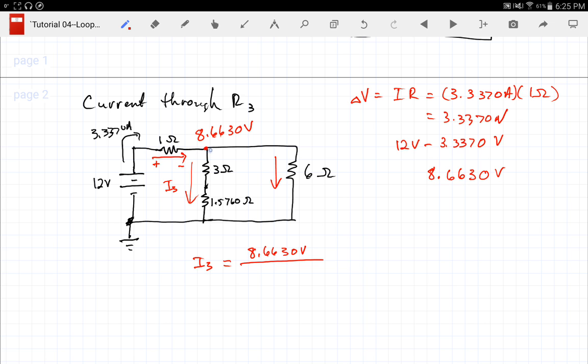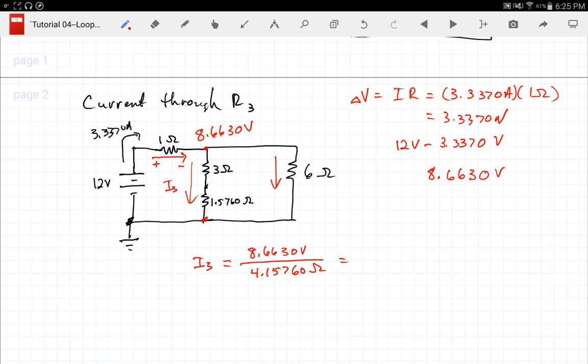A branch is a term we use going from one essential node to another essential node. So this is a branch, there's another branch. An essential node is where 3 or more elements meet. So that total resistance, 3 plus 1.57, is 4.15760 ohms.